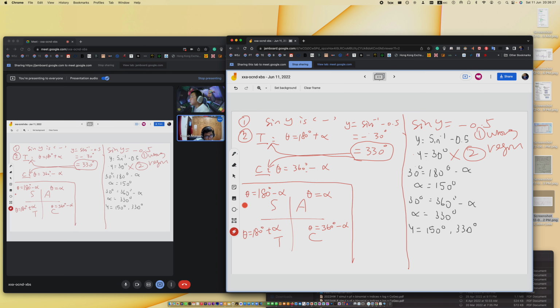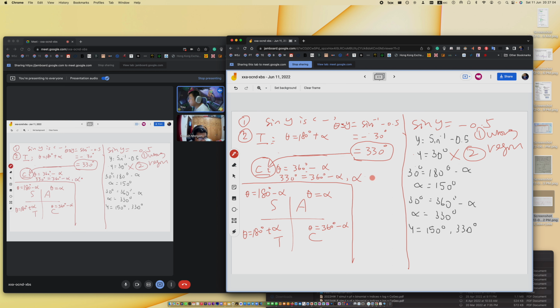Because like I say, your calculator always gives you one of the answers. Next time you can always write theta equals. Over here we use the letter y, so actually the calculator gives you one of the answers, which is theta. So you put 330, you accept that it should come to C. Okay, good. So I will put it into the C formula. So now the question is 330 degree and then 60.